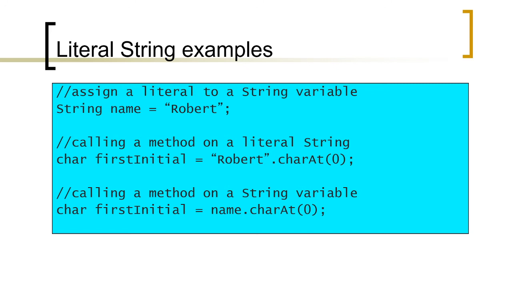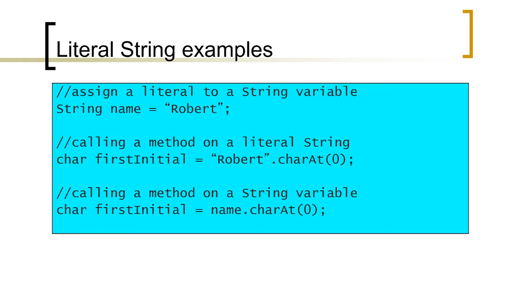Then, calling a method on a literal string. Let's say, for example, we'll be using charAt, but we'll have a different discussion on this later on. charAt basically returns the character at the specified index.